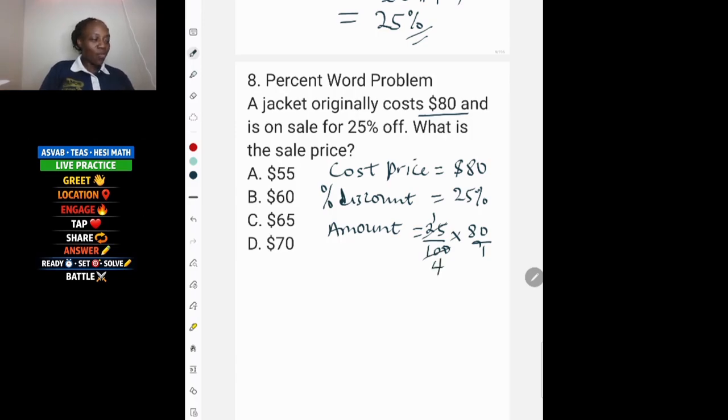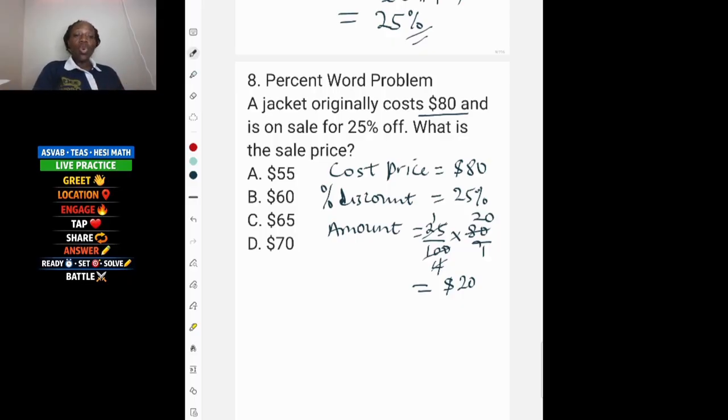That will be 4. So how many 4 in 80? That will be 20. That is 4 in 8, 2. 4 in 0, 0. So the amount is now $20. It means $20 is the amount that is the discount, the amount that will reduce from that 80.